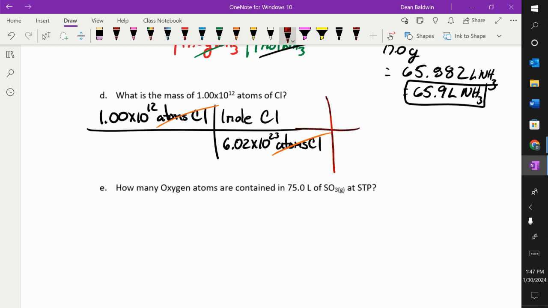So 1 mole of chlorine has to go in the denominator so the units cancel. 1 mole is 35.5 grams of chlorine. Cancels. Multiply the tops, divide by the bottom. How many sig figs should my answer have? 3. You should get 5.89 times 10 to the minus 11 grams.